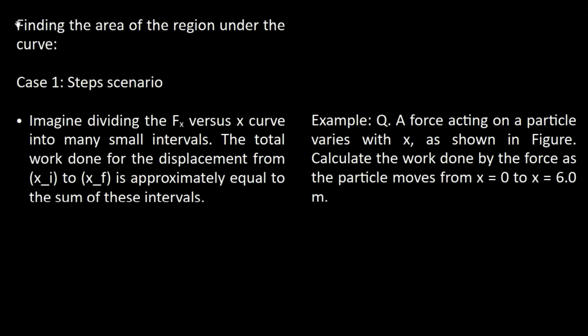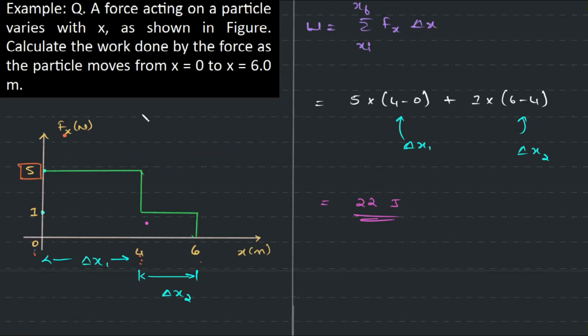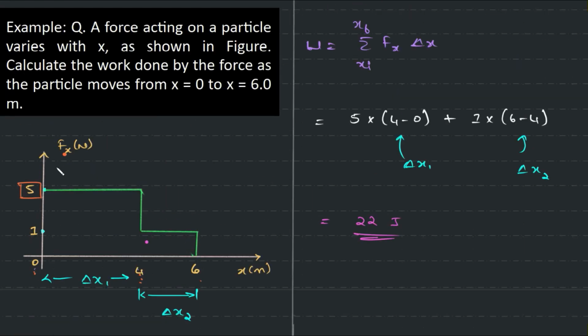In both the concepts, I didn't make it very clear with the second case. We are finding the area, right? Force into displacement gives me the width and the height in each case. Width into height is nothing but the area under the curve, which you have studied before. So this will give me the work.